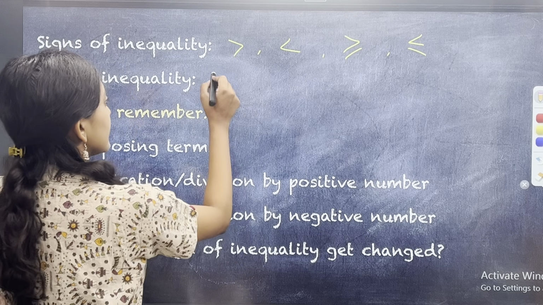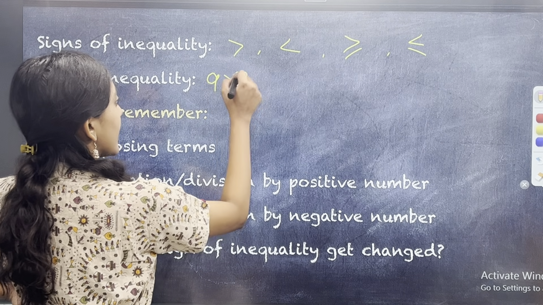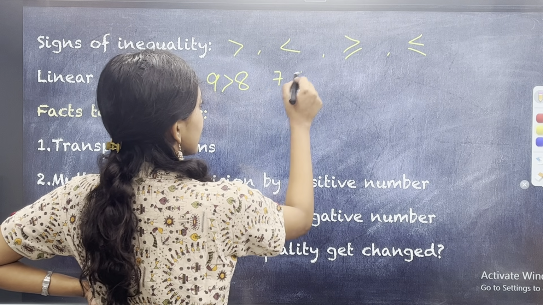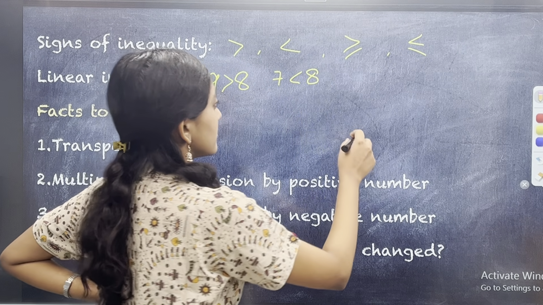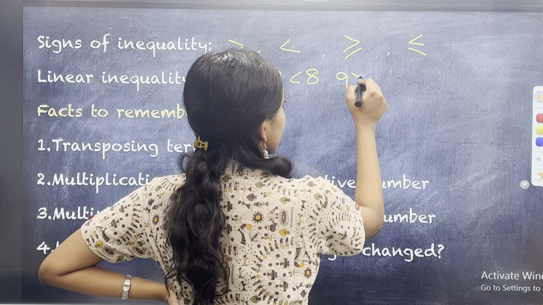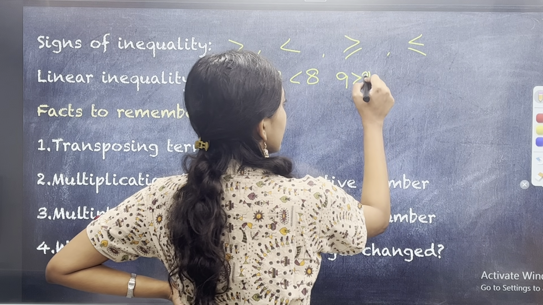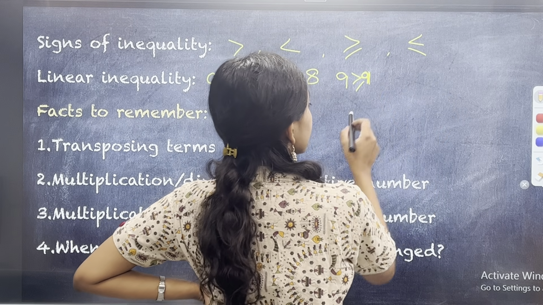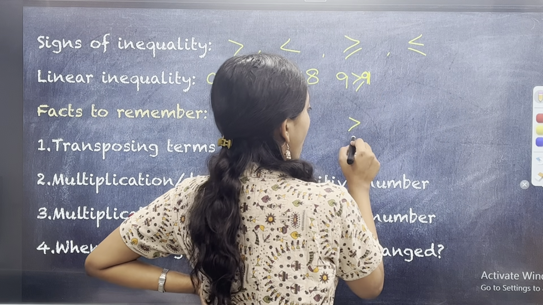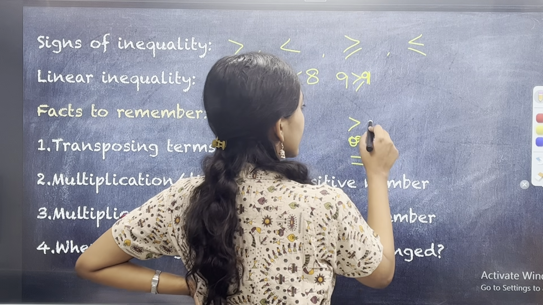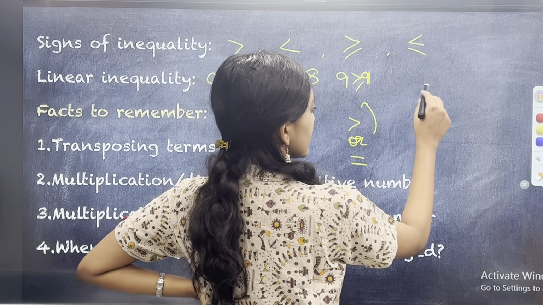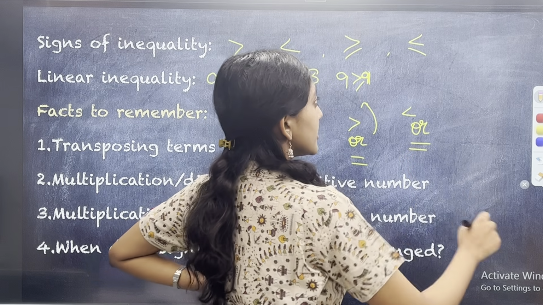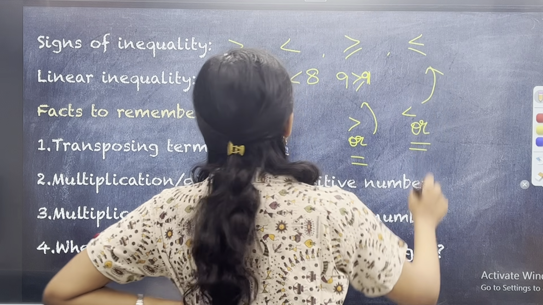So you could say that 9 is greater than 8. Here you can say 7 is less than 8. 9 is greater than or equal to 9. Basically, it means it can either be greater than or equal to. Lesser than or equal to means it is lesser than or equal to. That's what this one means, right?